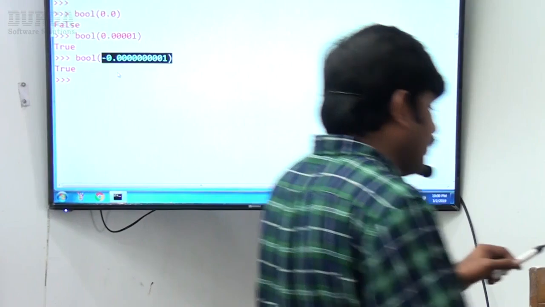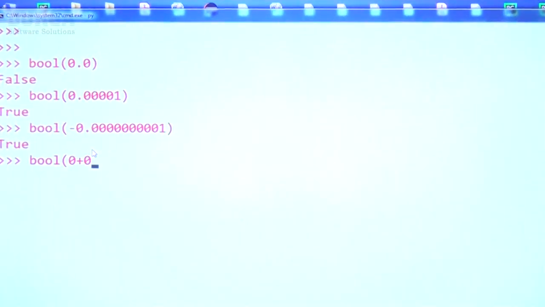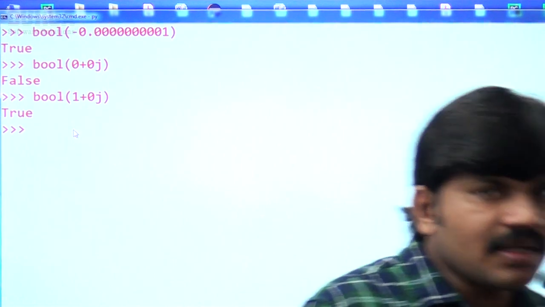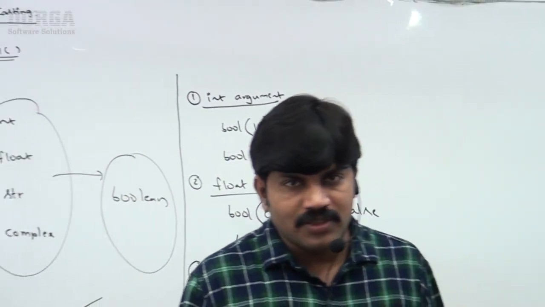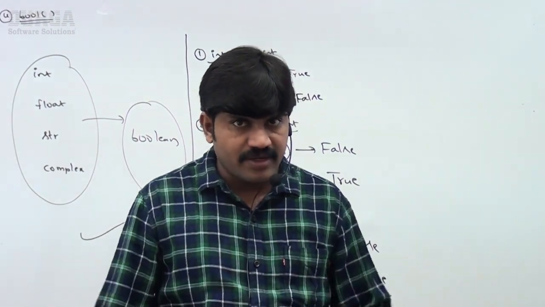Bool of 0 plus 0j, False is the answer. Bool of 1 plus 0j, True itself is the answer. So only when both the real part and the imaginary part are 0 will the bool function return False. Otherwise the bool function always returns True, sir.